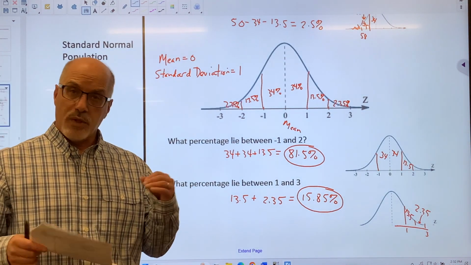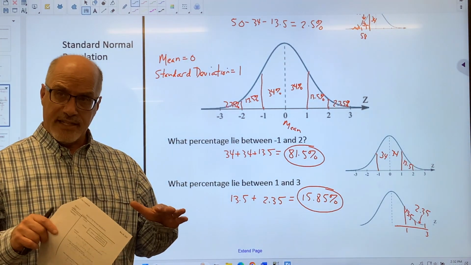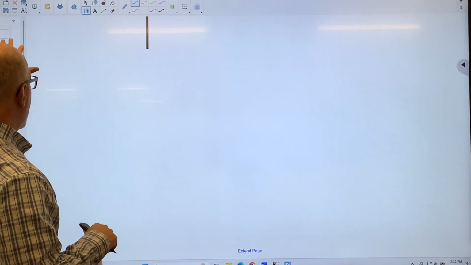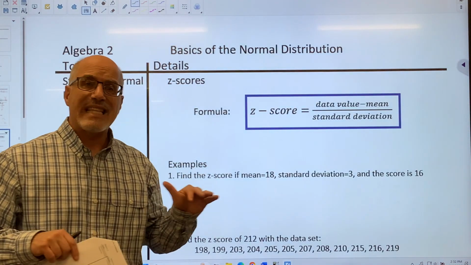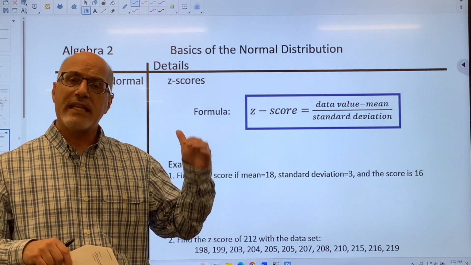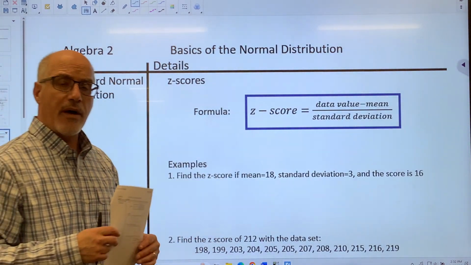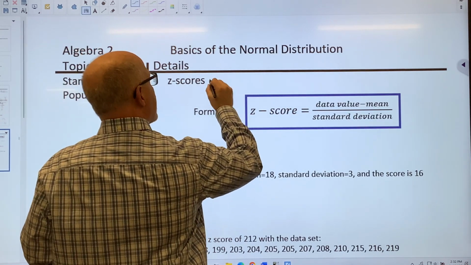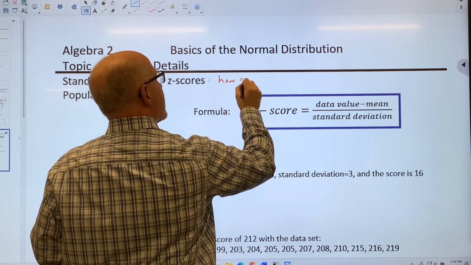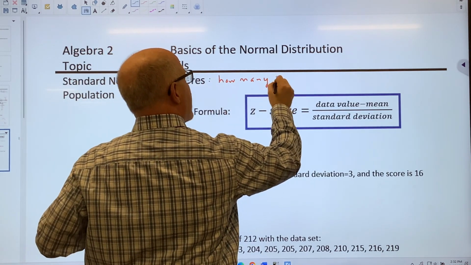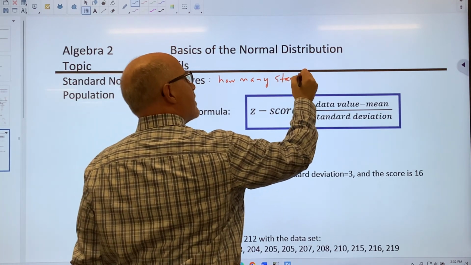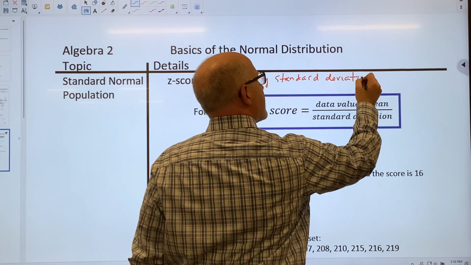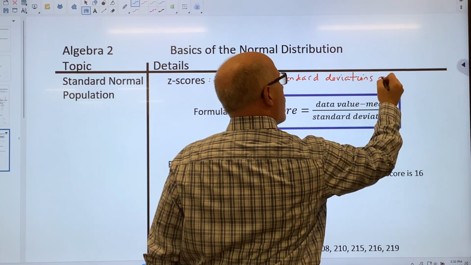All right, now let's take a look at our last idea, which is called z-scores. Z-scores tell us how many standard deviations we are away from the mean.